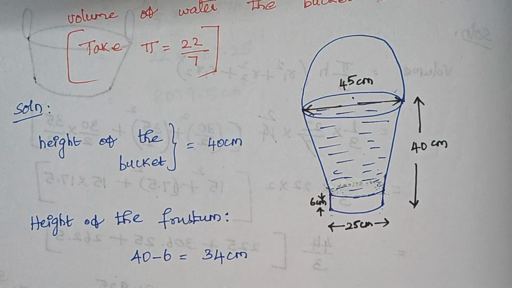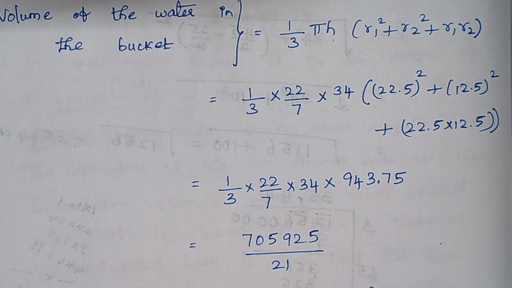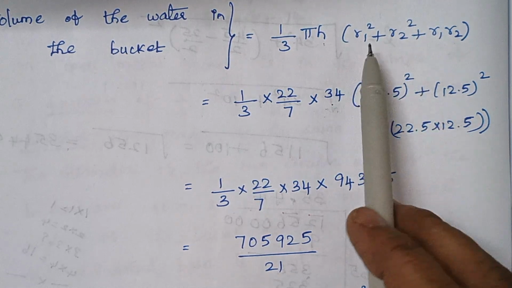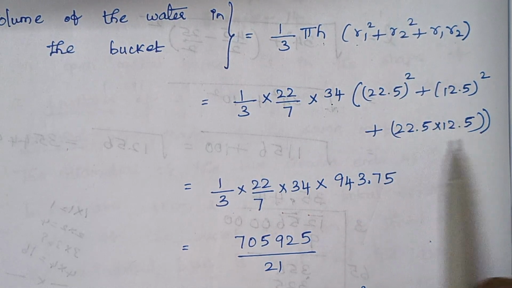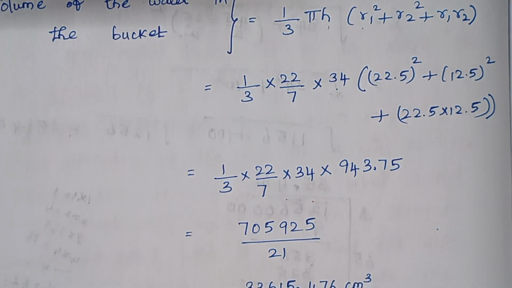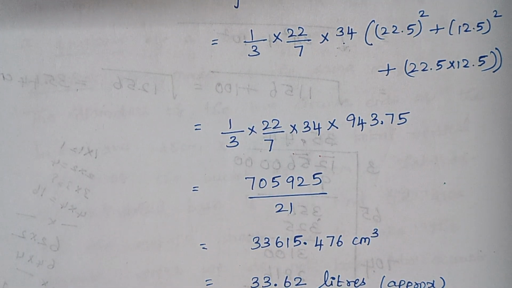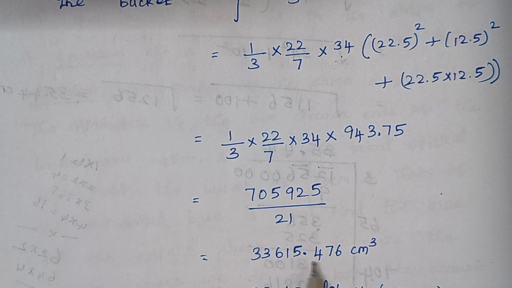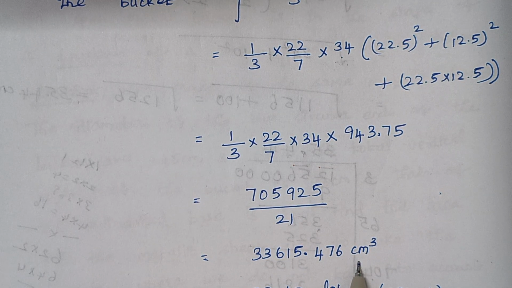Right. Therefore, the height of the bucket H is taken as 34. And R1, R2 are all the same. Just substitute, multiply and simplify, and finally the value is 33615.476 centimeter cube, because we are discussing about volume.